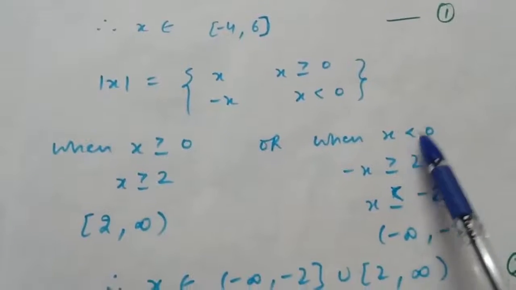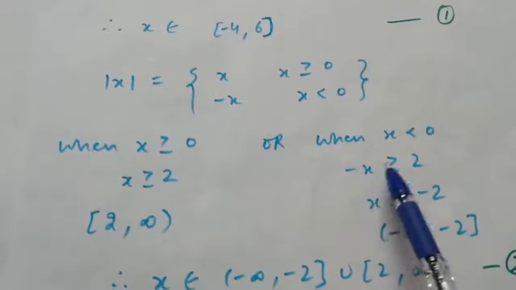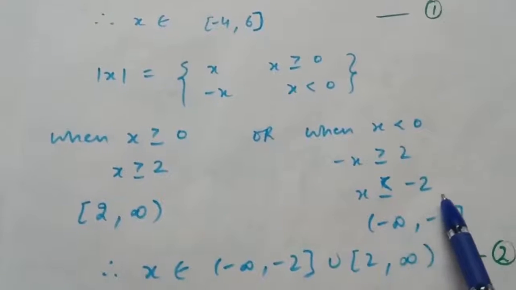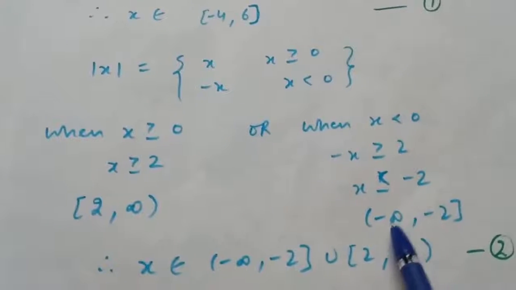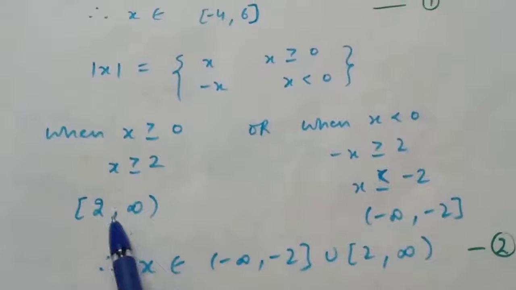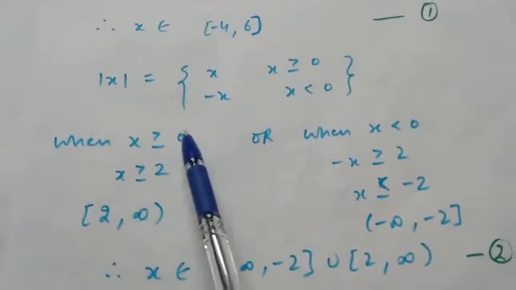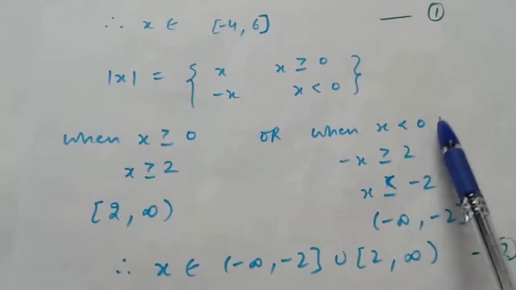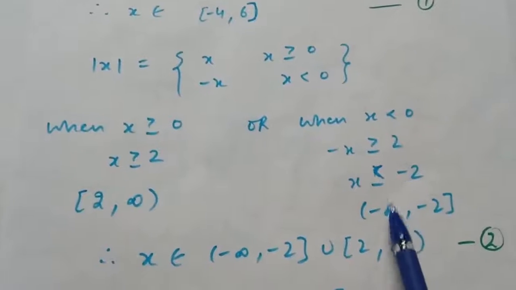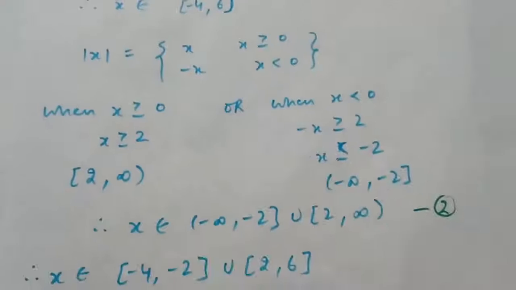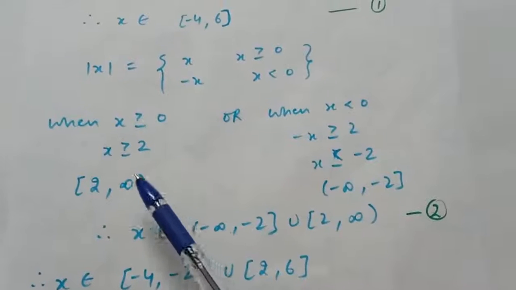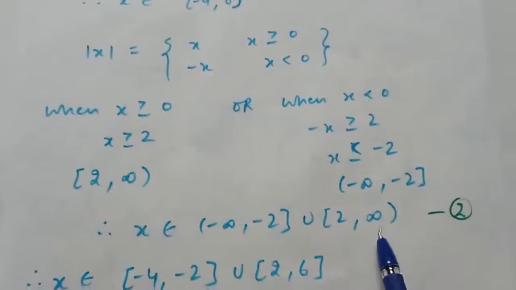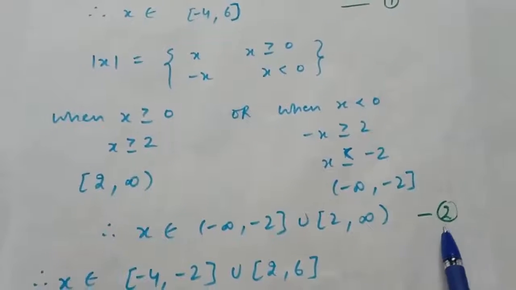Now when x is less than 0, minus x is greater than or equal to 2, or x is less than or equal to minus 2. So the solution will be minus infinity to minus 2. You can see this complete solution lies in this range, x less than 0. Now the solution will be the union of these two. Therefore x belongs to minus infinity to minus 2 union 2 to infinity, right? Let this be the second.